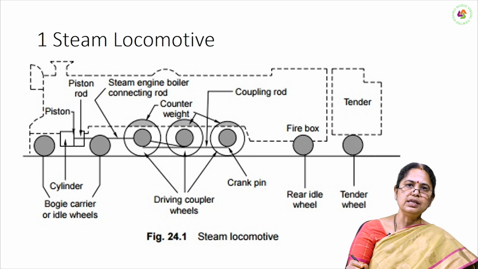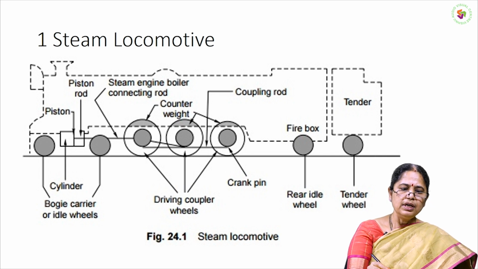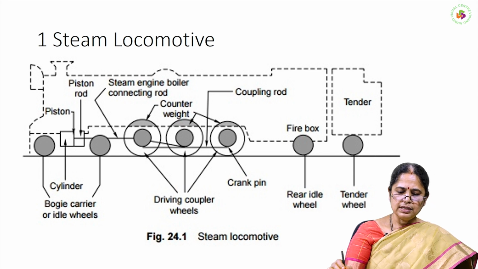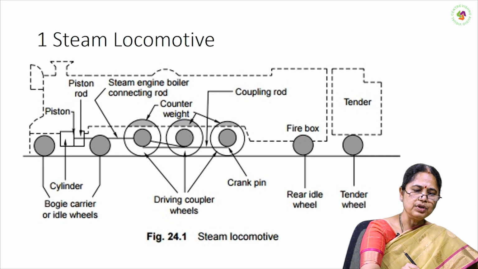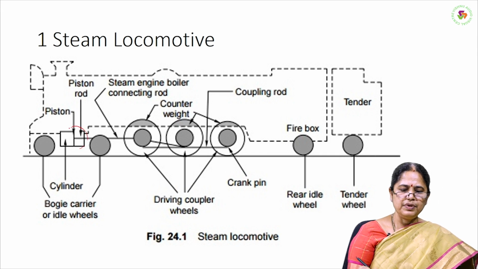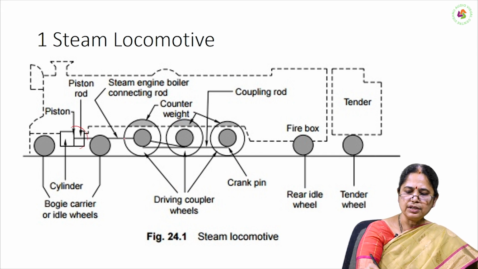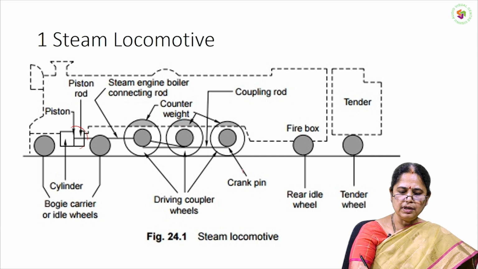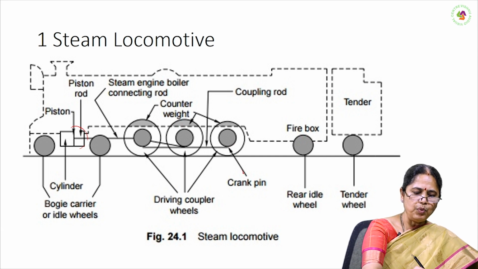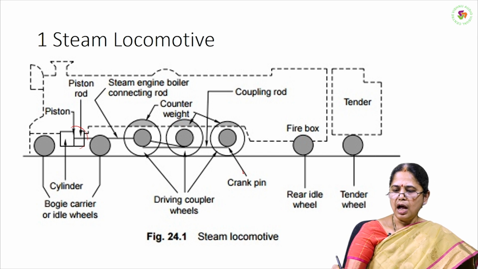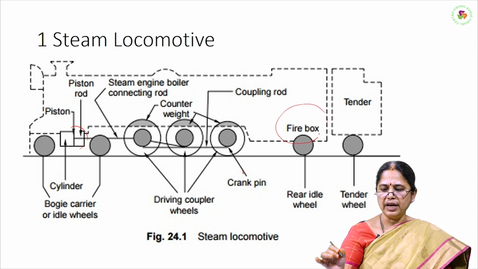So here you can see the steam locomotive. This is the schematic picture, and here you can see the piston rod, which is connected to the crank pin, and the driving couple. These are the driving coupled wheels, the bogie carrier idle wheels, and here you can see the firebox.